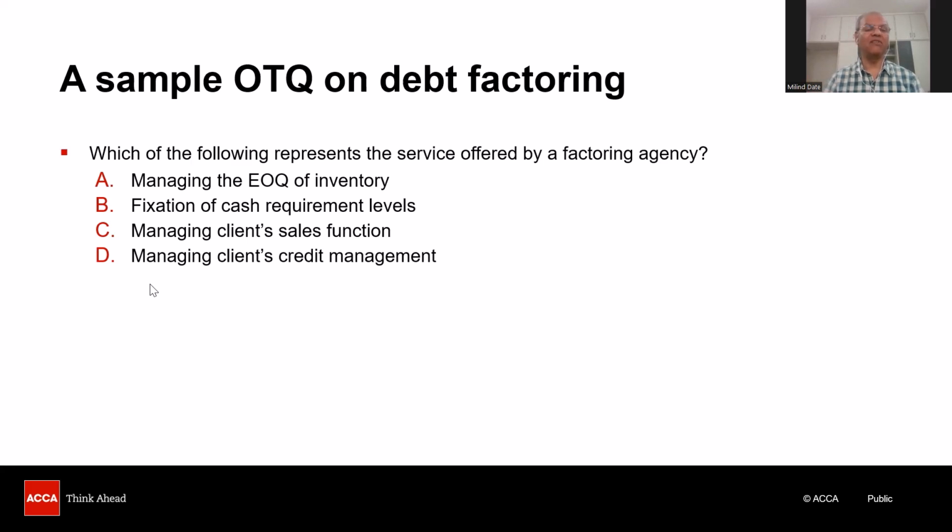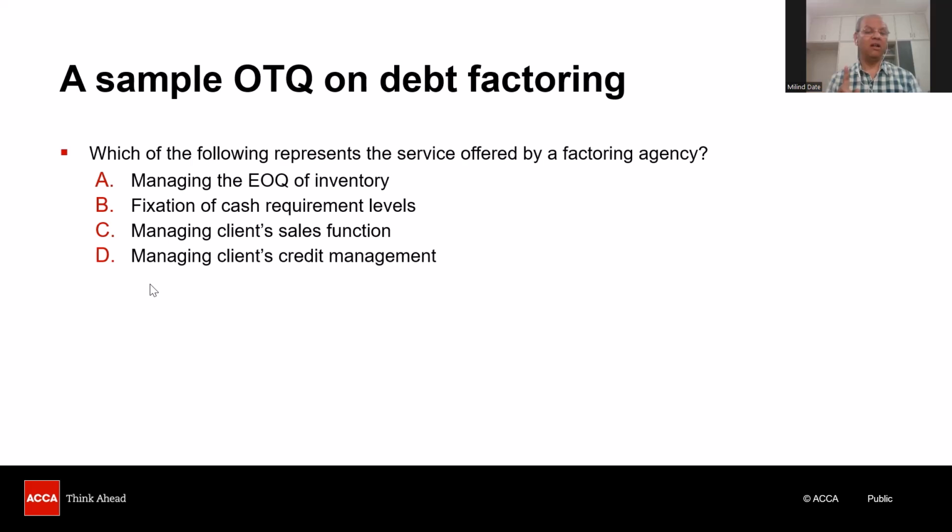Cash requirement levels, fixation of cash requirement level, deals with cash management and not receivables management. Managing a client's sales function and managing client's credit management. There could be two confusing sentences.